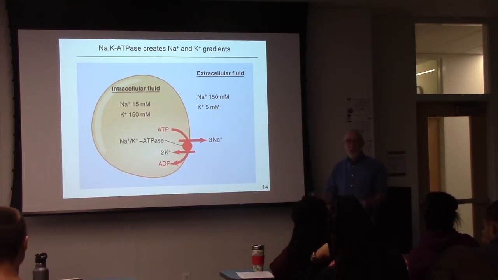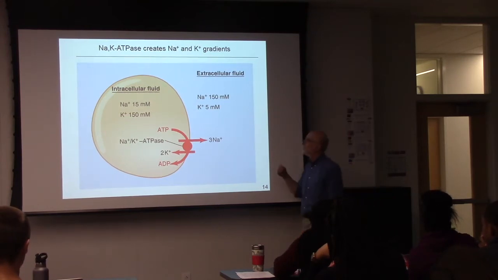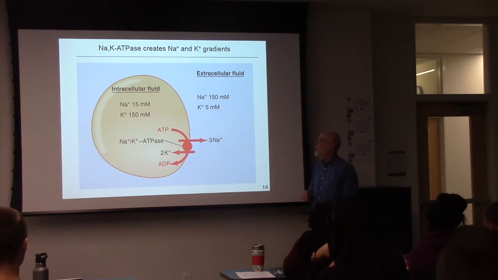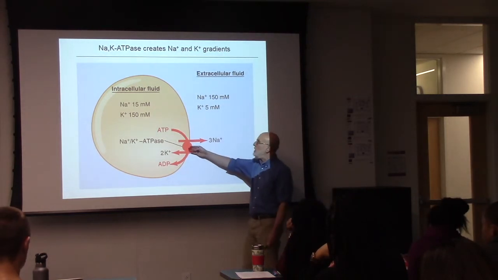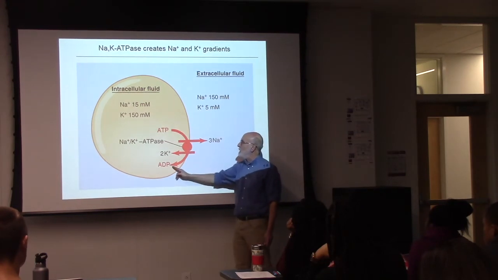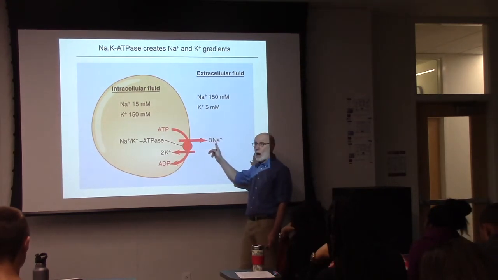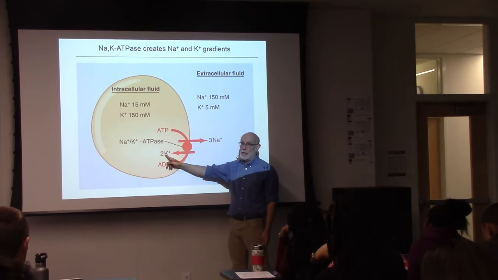Here is a real simple view of a cell from the perspective of the sodium-potassium ATPase and from the perspective of sodium and potassium gradients. So you know that the sodium-potassium ATPase hydrolyzes ATP, pumps sodium out and potassium in.